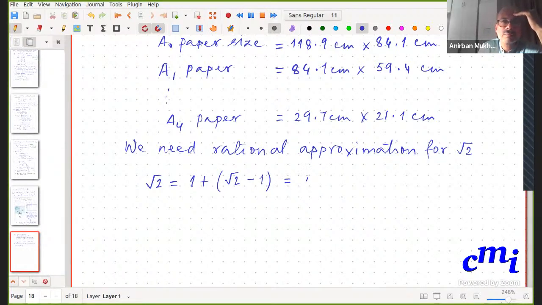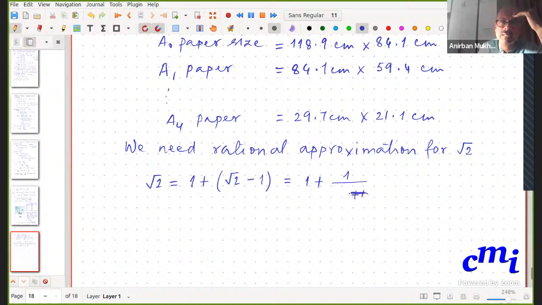Therefore just write this as 1 by square root of 2 plus 1.